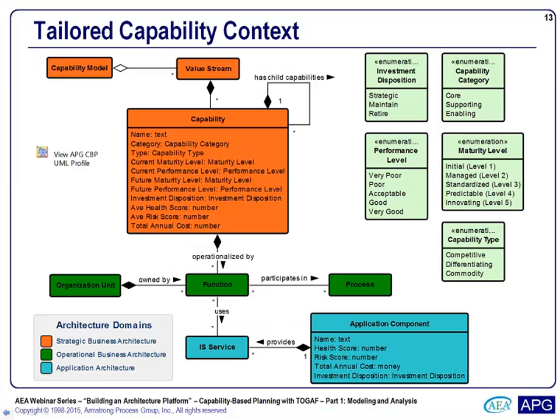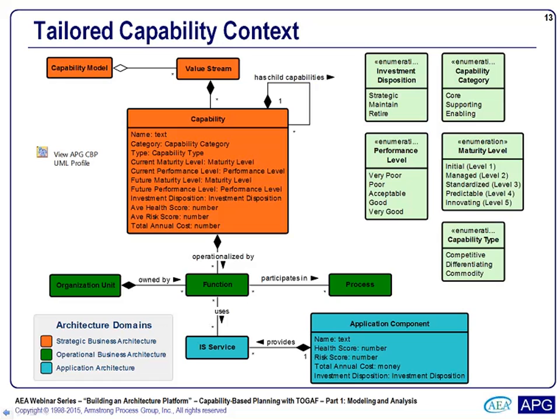So slide 13 here is describing a tailored capability-based planning meta model that's been designed for a specific purpose, particularly looking at doing some assessment of the performance of the organization as it relates to the current level of maturity of each individual capability, the level of performance now and in the future.